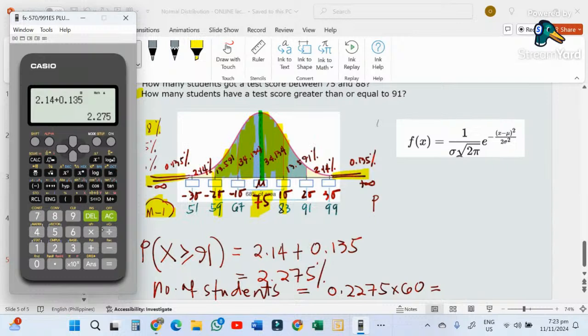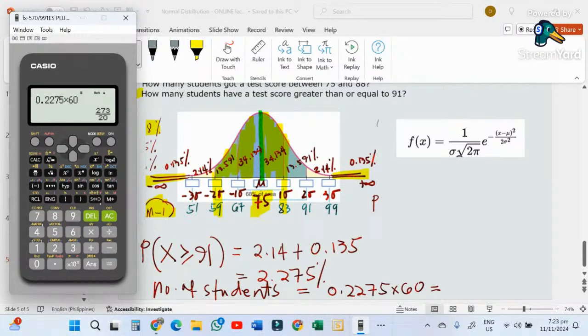So this is percentage, the one that you are seeing from the calculator. Divide everything by 100, so you get 0.02275. Hang on, let me just calculate that again. You have to divide it, right?